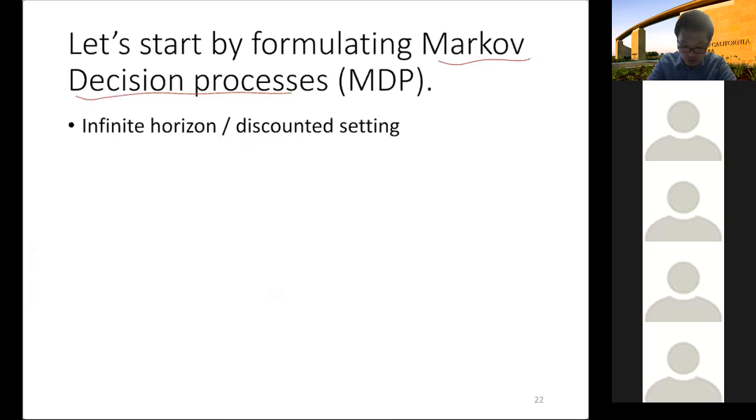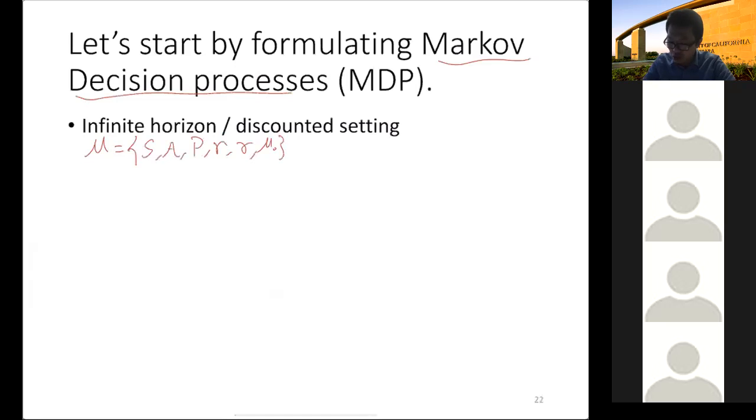Specifically, a Markov decision process is a tuple of parameters: there's a state space, an action space, a transition kernel, a reward function, a discount parameter gamma, which is between 0 and 1, and then the initial state distribution, right? So it is a tuple of 6 different things.